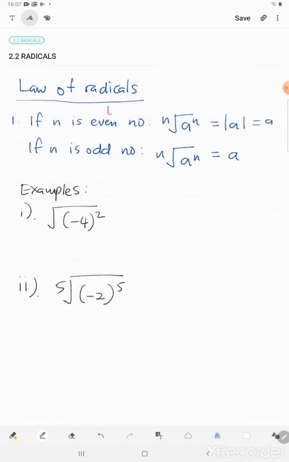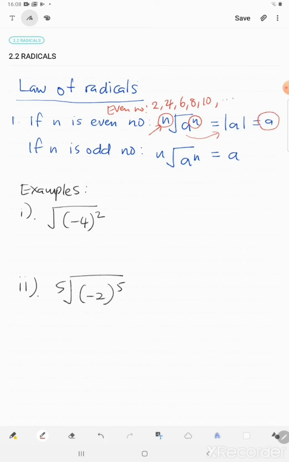Even numbers are 2, 4, 6, 8, 10, and so on. When the index is an even number, you have to use the absolute value. We have the same value for n, so the answer is the absolute value of a.